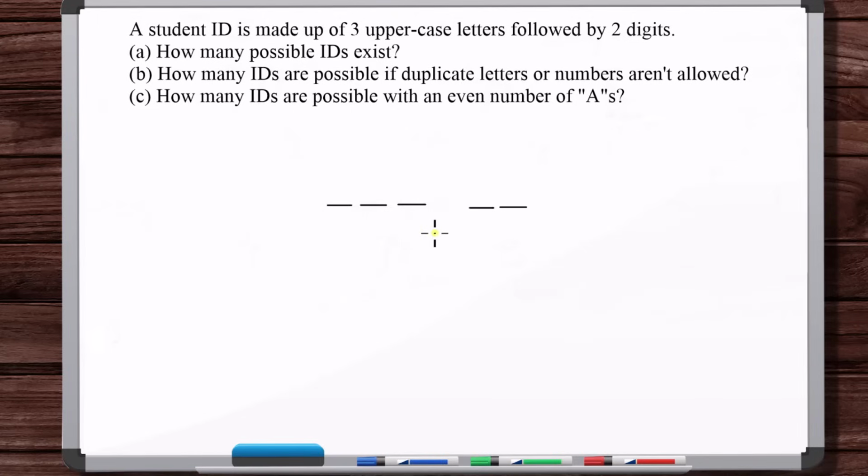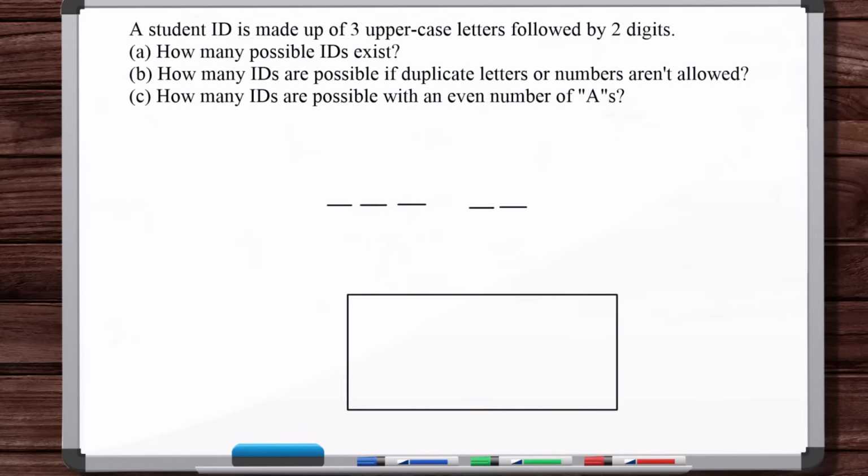In an event diagram, we've got event 1 and event 2, but there are no overlapping outcomes. There are no 2 digits that overlap with 3 letters, but they're connected. We're going to apply the AND criteria between them. For every unique outcome from event 1, we cycle that through all the unique outcomes from event 2. Count that together as different combinations.